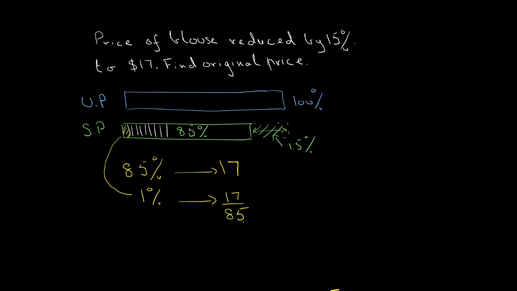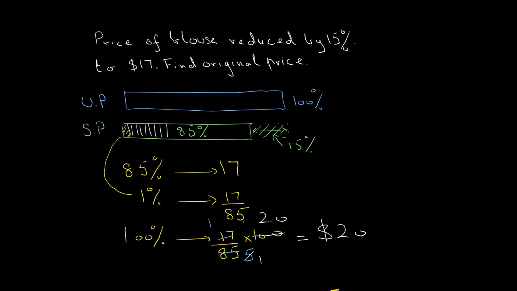And now I want to find out what 100% is. For 100%, I just have to multiply 17 over 85 by 100, and this is very easy because I know that 17 fives are 85, and then I can cancel off the 5 with a 20, so I'll be left with $20, and that's the answer.